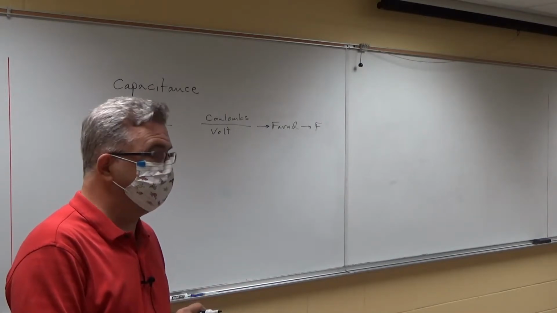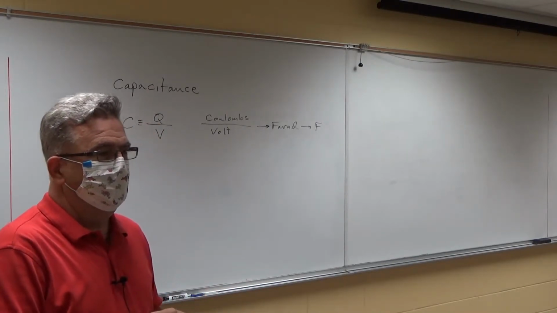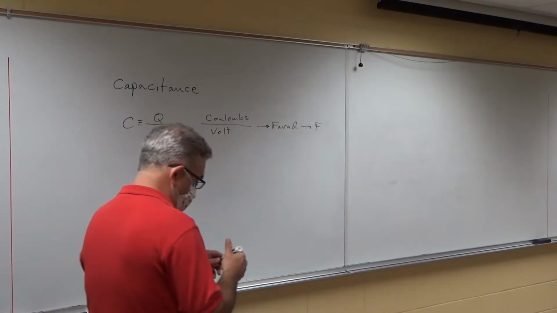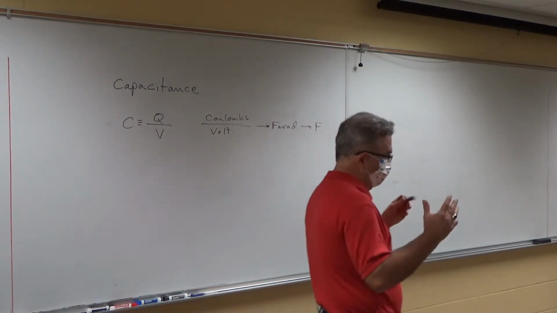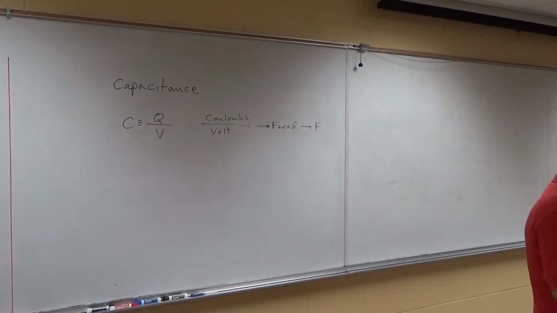Everyday capacitors, like probably in your cell phone, you have maybe 5 billion capacitors. It's in the billions anyway. Capacitors are ubiquitous in electronics. They do a lot more than just store charge.